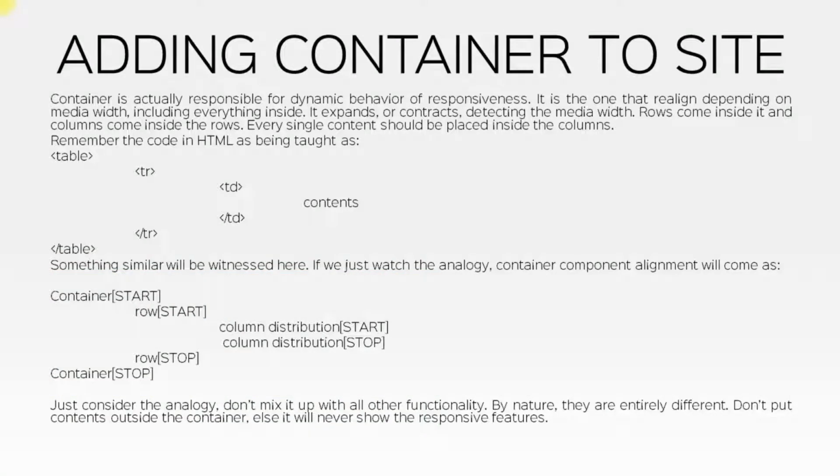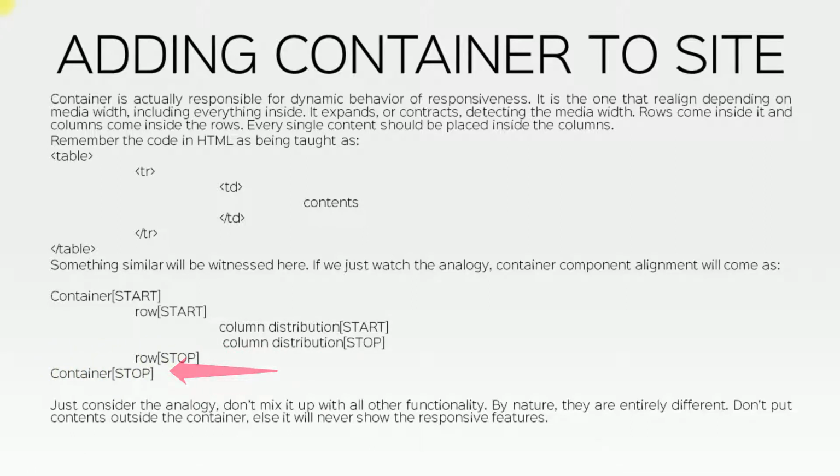Just concentrate on the analogy. The container comes first, then comes the row, then comes the column distribution over there, and then comes the content inside. So all these contents should be placed inside these column elements, and then you will be closing the row, and then you will be closing the container.